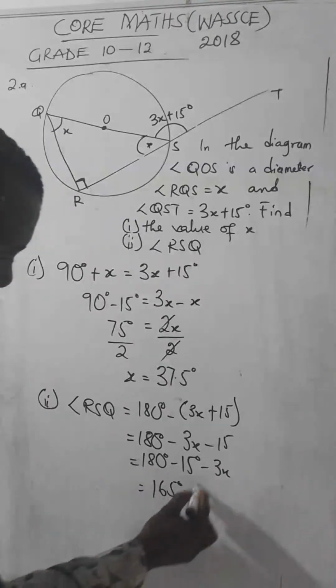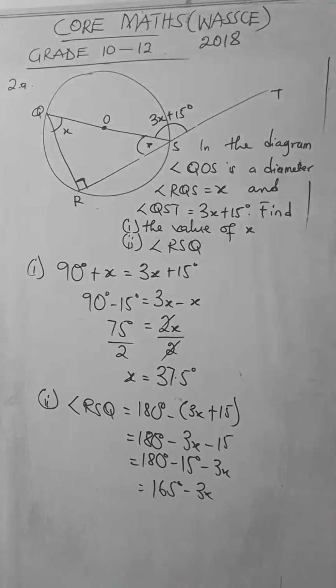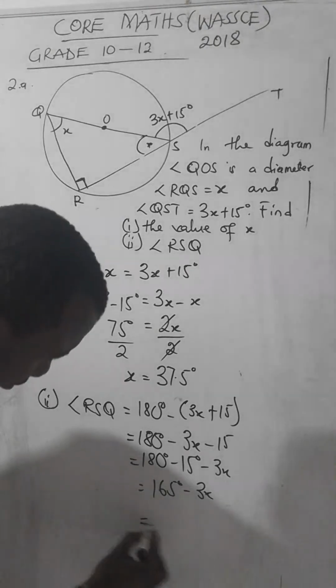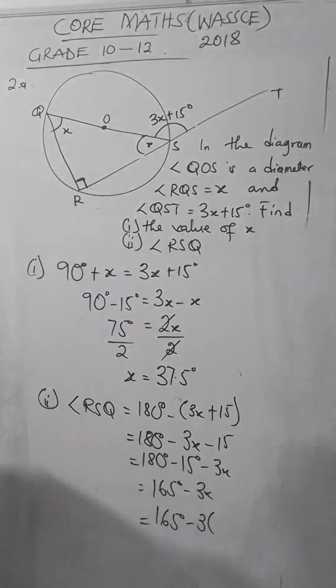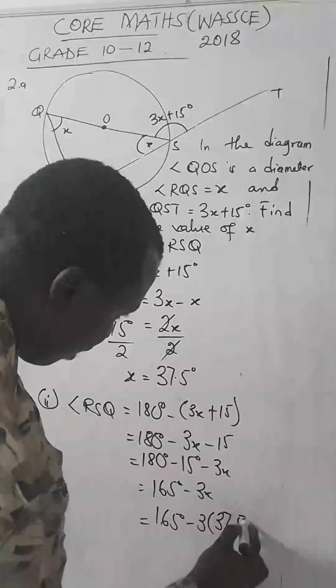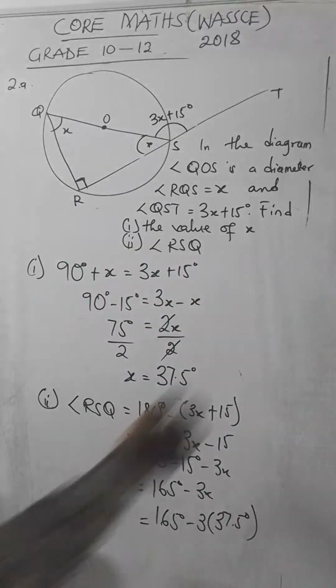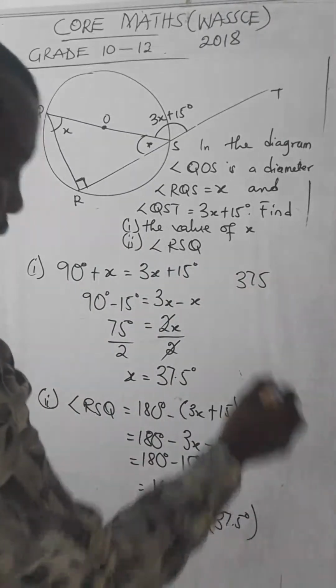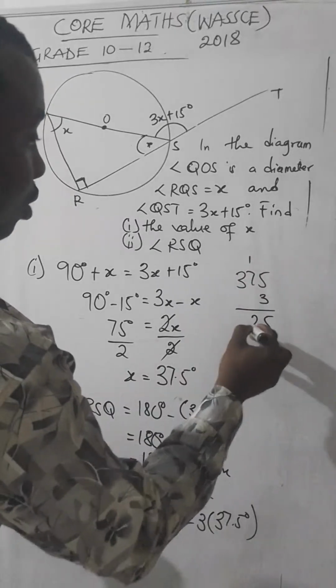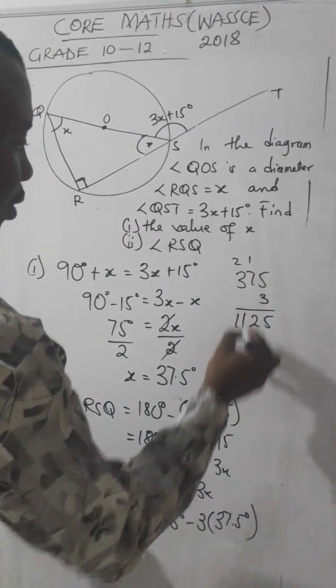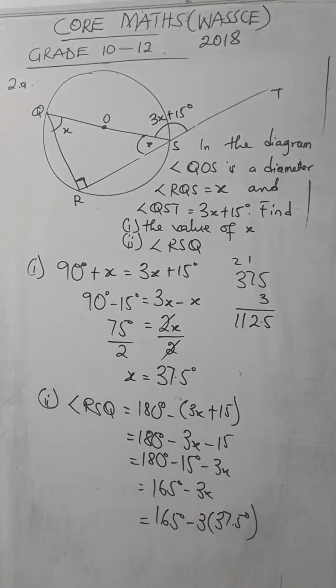So here, this will give us 165 minus 3x. Okay, so we have the x to be 37.5. So we have here 165 degrees minus 3 by 37.5 degrees. So you multiply by 3 and we will get 112.5 degrees.